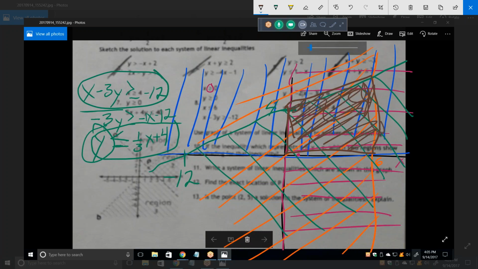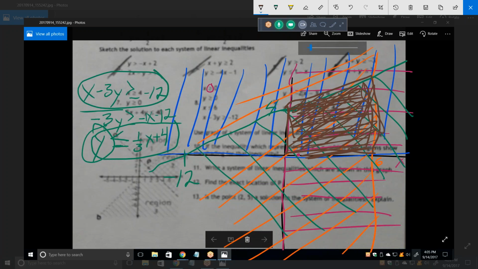Yeah. I think so. That's x greater than 0. It's y greater than 0. It's x less than 6. And it's y less than that green line. So that's our solution set.